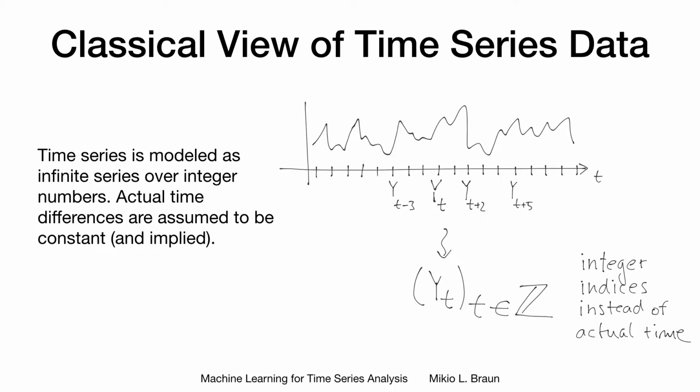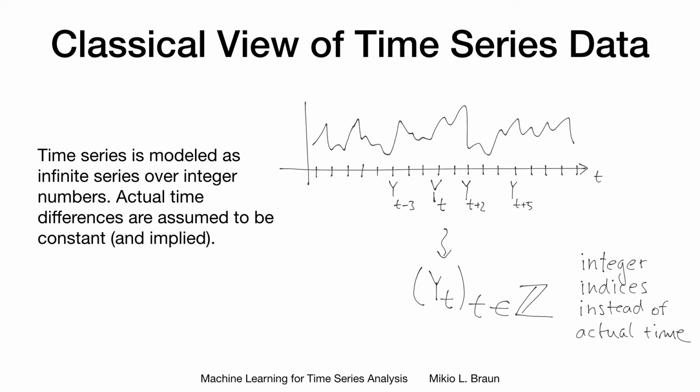And also the actual time, the interval between two measurements, turns out not to be that important for all the mathematical considerations. So you just say, okay, I just have times 1, 2, 3, and also negative times. This is the way that the practical settings are abstracted into mathematics to make the analysis easier.